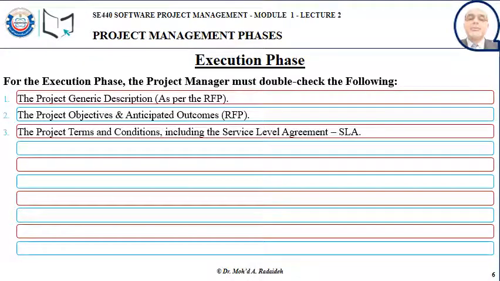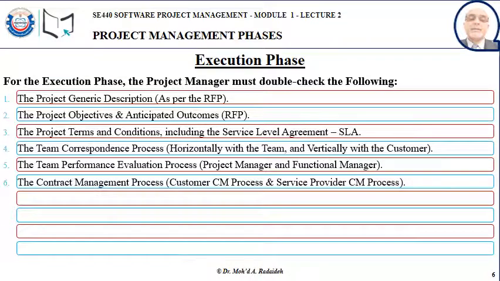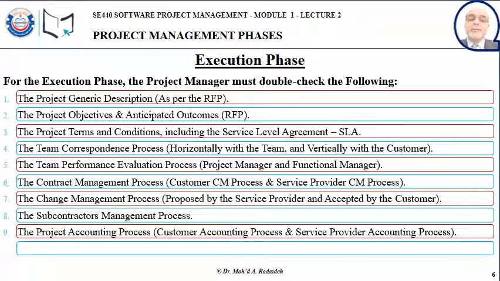The terms and conditions, including the service level agreement, the SLA, the team correspondence process, the team performance evaluation process, the contract management process, the change management process, the subcontractors management process, and the project accounting process as well, the contract compliance and governance process. So all these should be there, should be ready for use during the execution of the project.